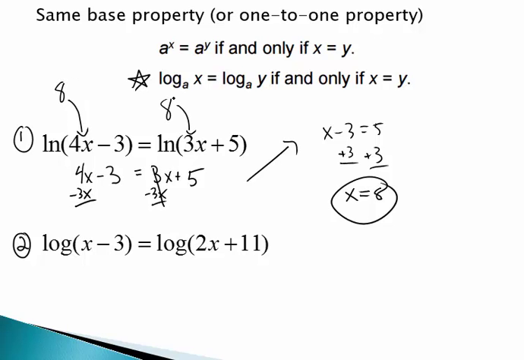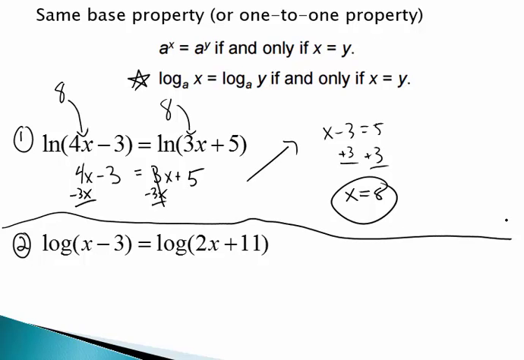But at least I have to make sure that if I plug an 8 into those two spots, I'm taking the log of a positive, which in this case I am. So I'm happy with that value as my answer. We could go a step further to make sure it's correct: you get 32 minus 3, which is 29, and right here you get 24 plus 5, which is 29, so we know we're right.